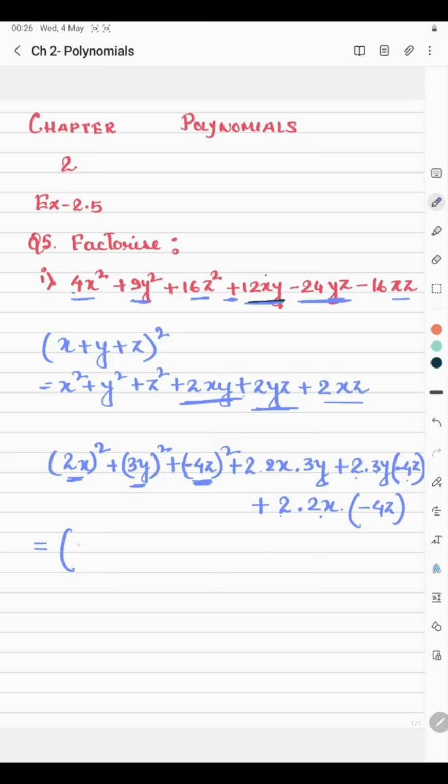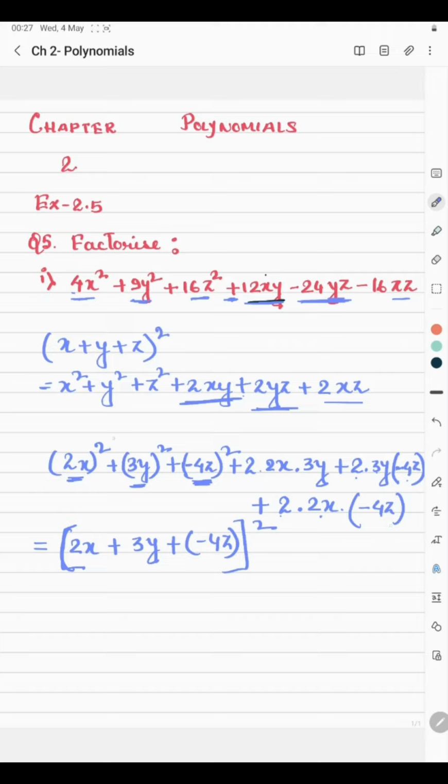Now since x is 2x here, plus y means 3y and z means minus 4z. So this is a whole square because according to the identity this is the expanded form of x plus y plus z whole square.